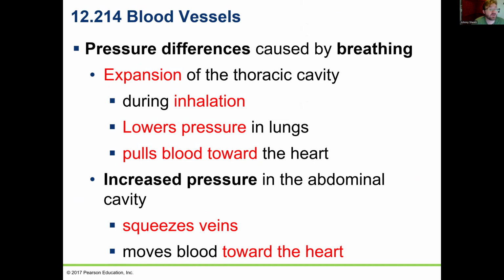So the action of our respiration is supportive of our circulatory system. The non-cardiac systems are going to be influenced by respiration, which in turn is going to influence the pressures on the veins within the body, squeezing the veins and allowing circulation.